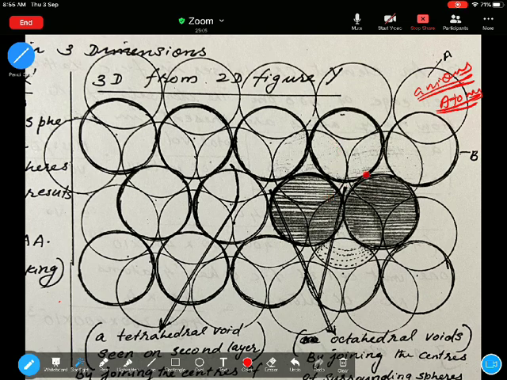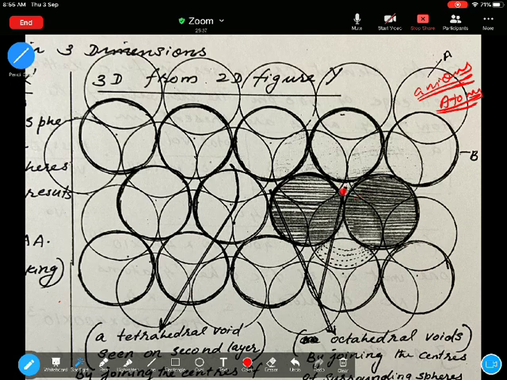Second layer balls are the shaded, bold ones. This 1, 2, 3 are of the second layer, and this one, this one, and this one are of the first layer. So there are 3 balls down and 3 balls up.